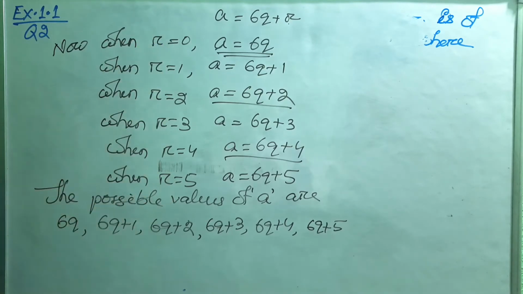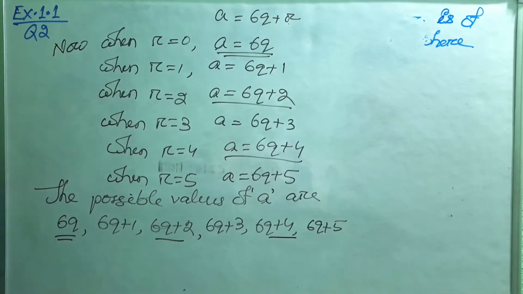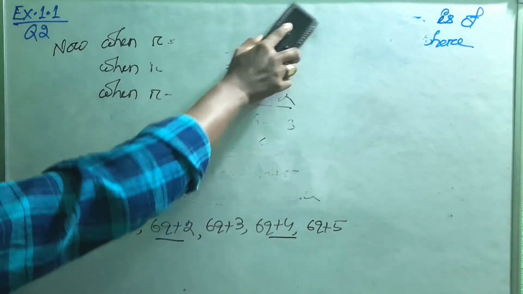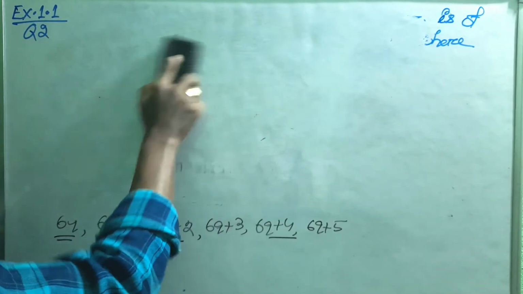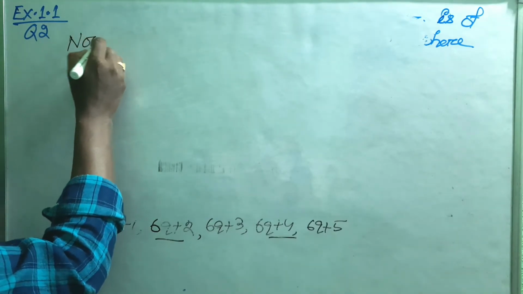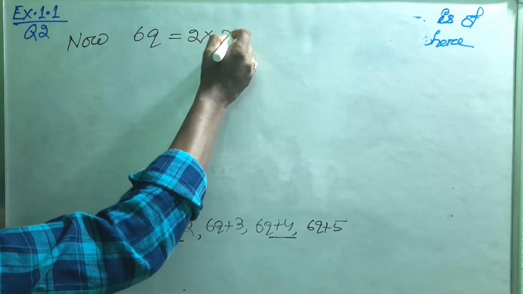Now out of these possible values, you will consider these cases. Now let me erase this one first. Now 6q can be written as 2 into 3q.